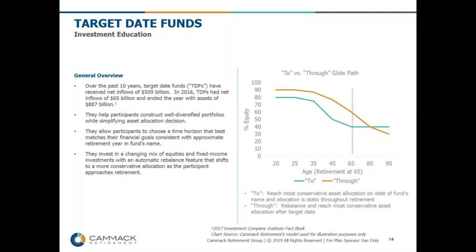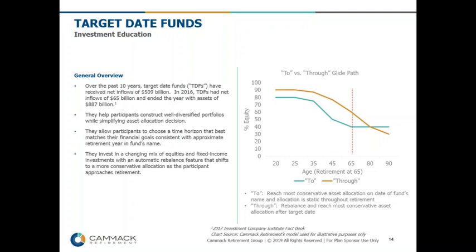Now, the gold line actually starts somebody out higher in this example, at 90% equities. Then it starts gradually selling off, but not as sharply as the other account. Once you get to age 65, it's roughly 60% equity, but it continues to drop into retirement, all the way out to age 90, where it's somewhere around 30%.